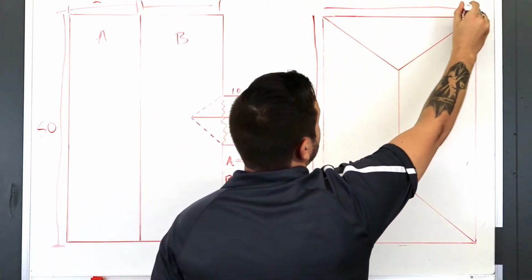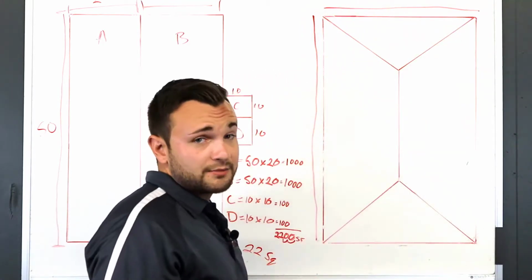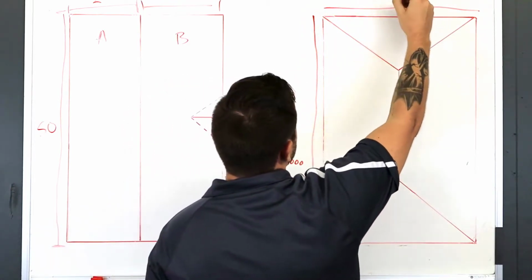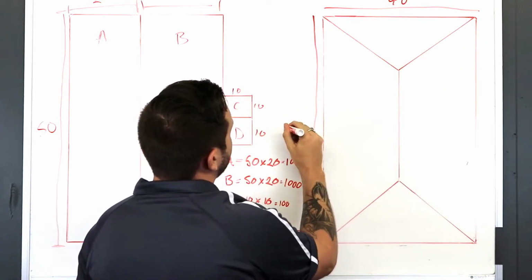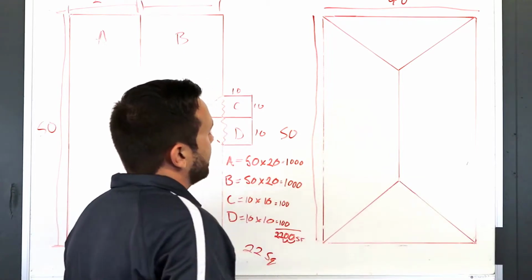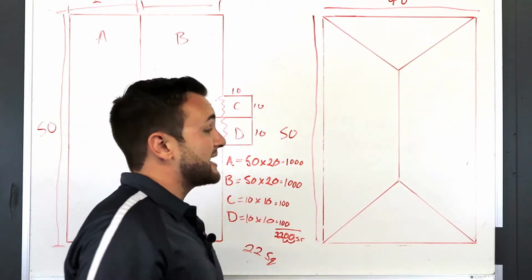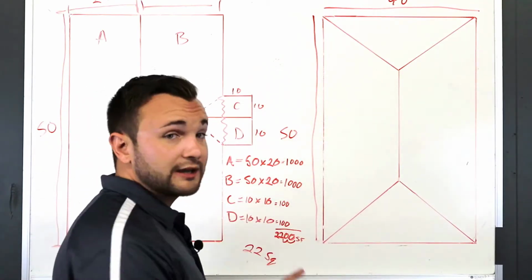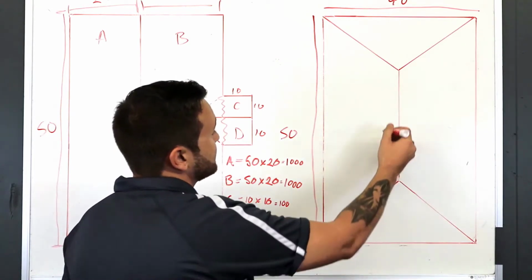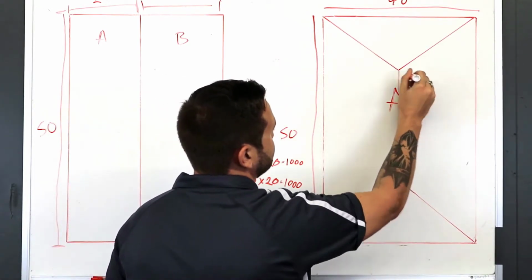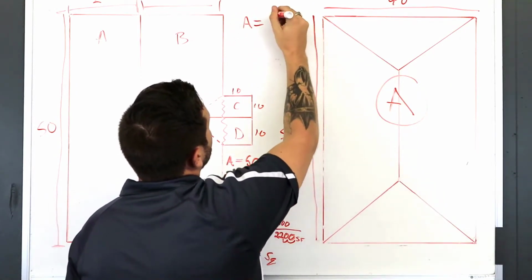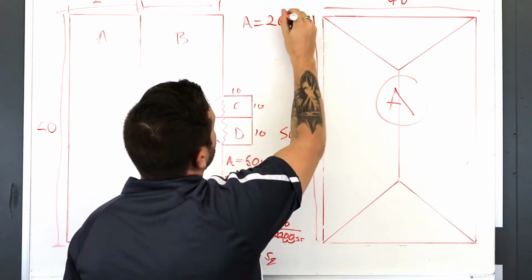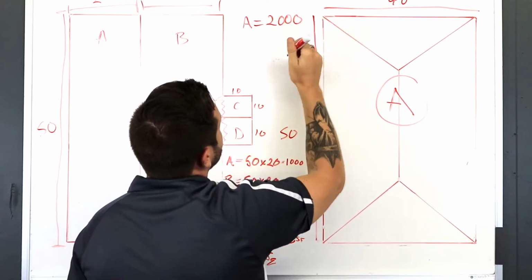On this roof here, you're going to get this same length, and you're going to get the width. Again, to make these numbers easy, we will do 40 by 50. You do this the exact same way that you did on the other one, except you've only got this one section. So we've got section A here. Section A equals 2,000.